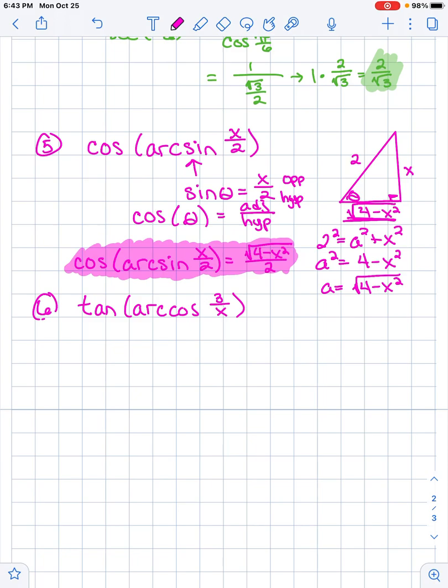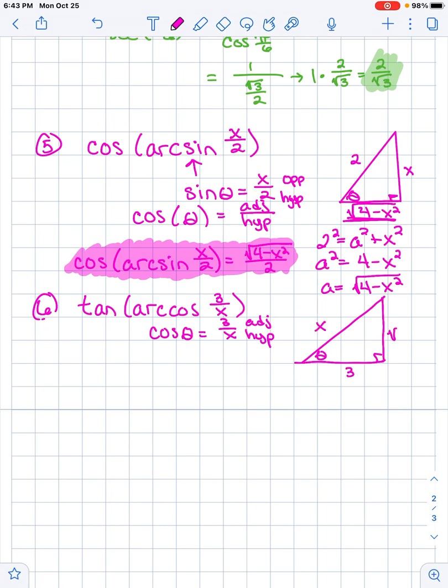Okay, welcome back. I'm going to do the part on the inside first. I know that the cosine of some angle will be 3 over x. And I know that this is adjacent over hypotenuse. So I'm going to draw my right triangle. And I know that this adjacent side is 3, the hypotenuse is x.